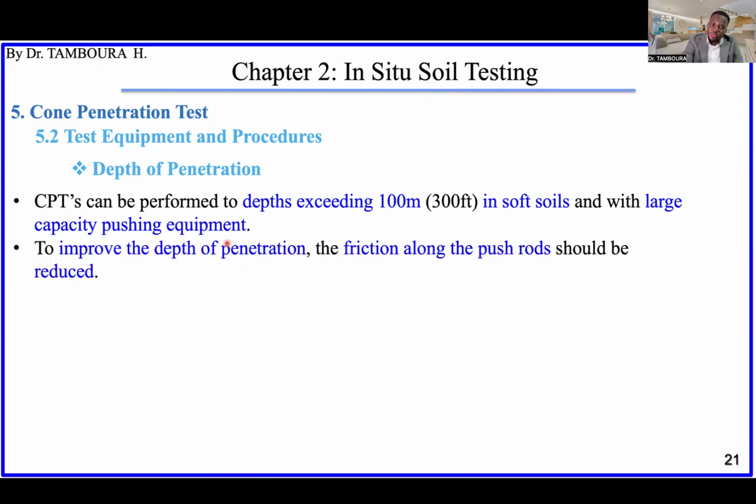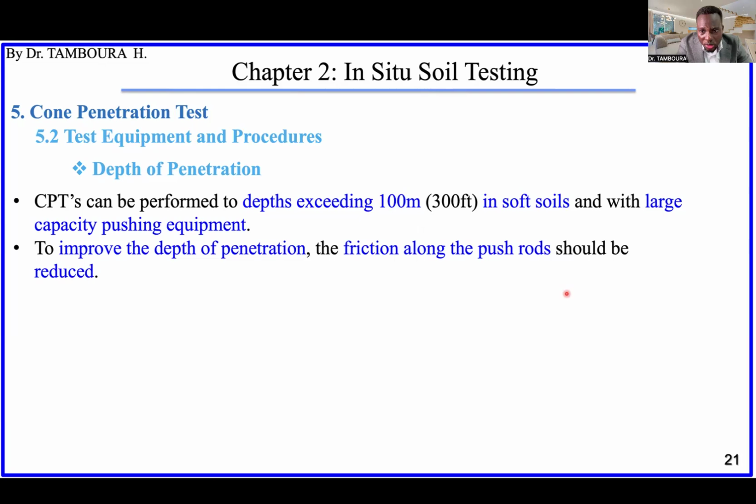So to improve the penetration depth, we can try to cut the friction along the pushing rods. I'm not talking about the friction on the cone penetrometer itself, but the rods that you are adding, making the rod long.